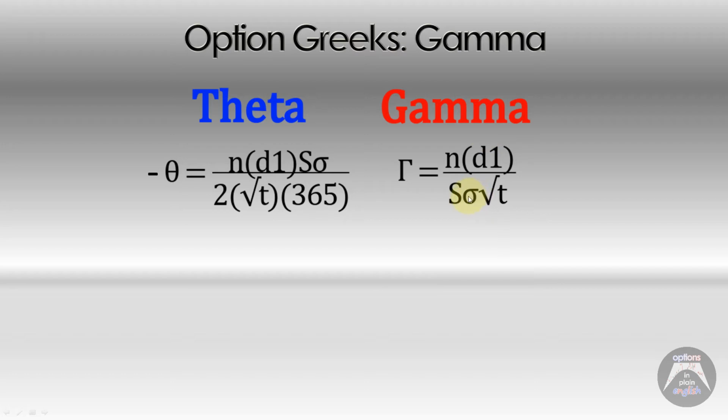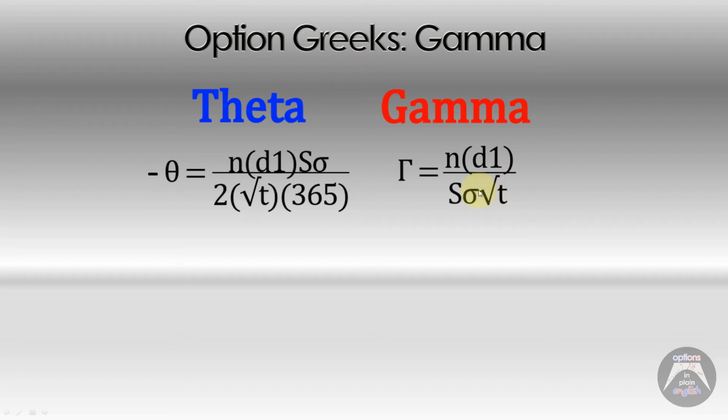And in this case, having more implied volatility or time to expiration is going to achieve the same purpose. So delta is going to be less affected by the moves in the underlying. So that's why gamma is less as implied volatility grows.